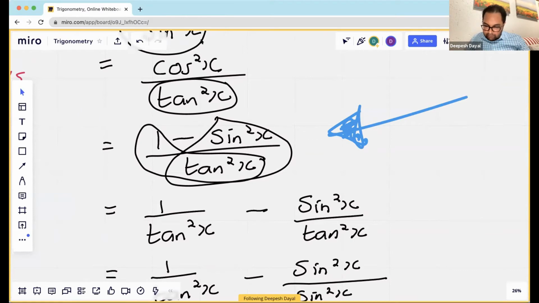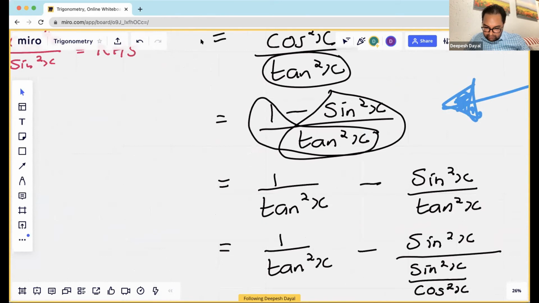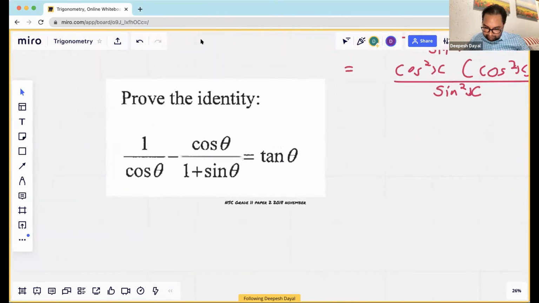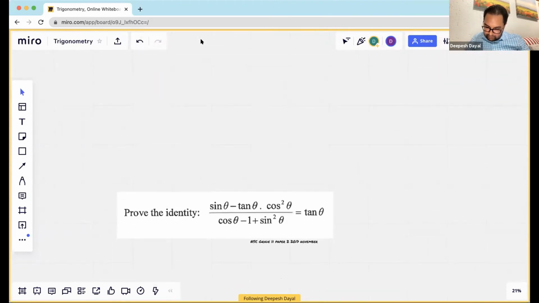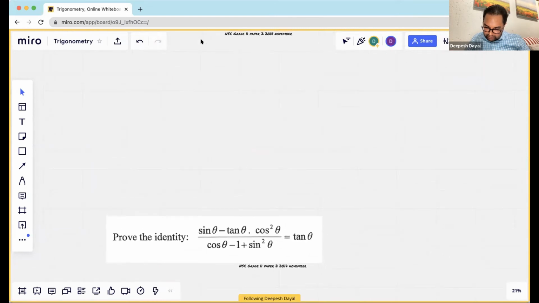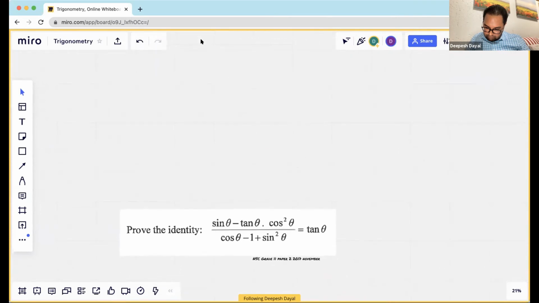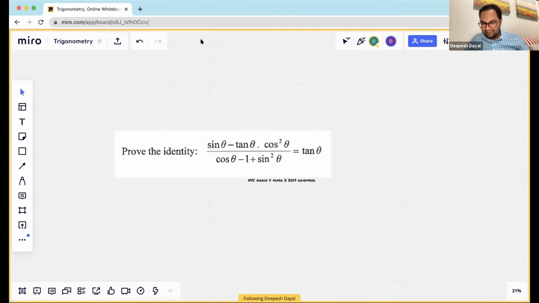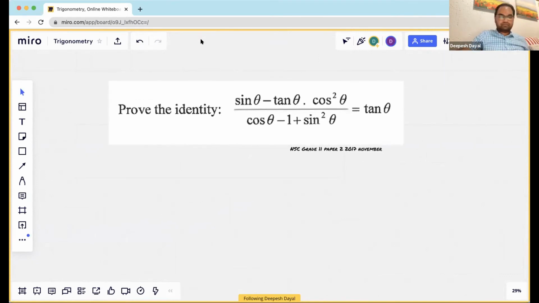Okay. I'm going to give you another one to try, if that's okay. Now I must find that one because we've been doing so much writing. Is it this one? I've got 2 for you to try, but I'm just going to choose between them and see which one I think is nicer. I think let's do this one, right? It's a bit hard. So I'll let you do this one. Try this one here for me. Let's prove that, right?